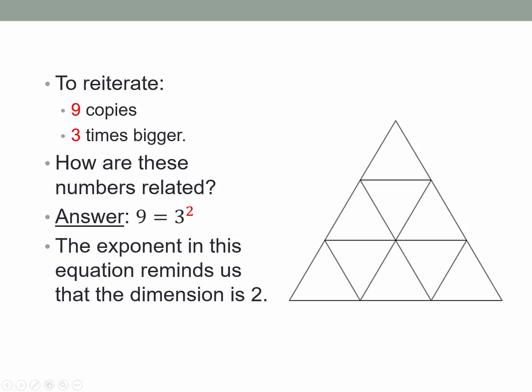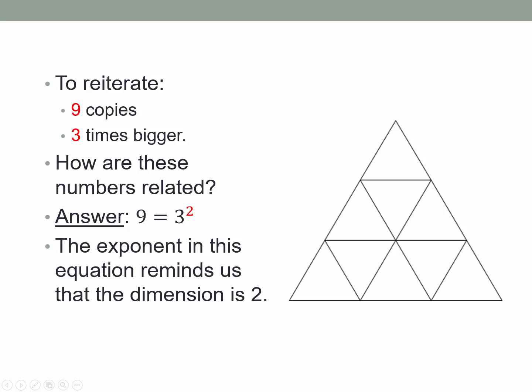Knowing that 9 is 3 squared, that tells us, because we have to use the exponent 2, that the dimension of the object must be 2. It may seem like a crazy way to do things. Of course, we know that a triangle is 2-dimensional, but here I'm showing you, even if you didn't know that, if you just knew you had 9 copies and you got something 3 times bigger, you could infer that you were talking about something 2-dimensional.